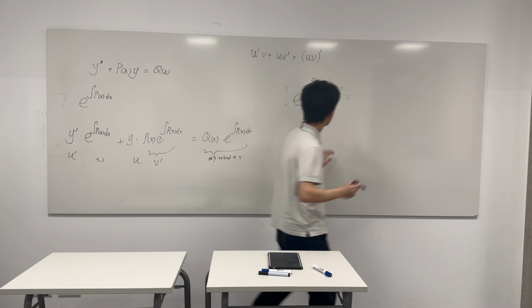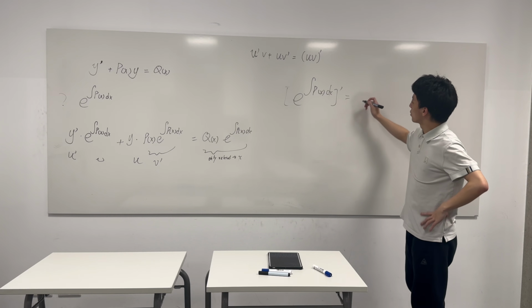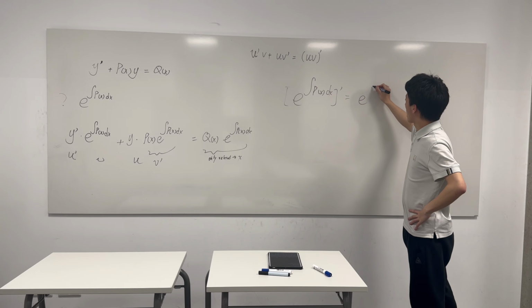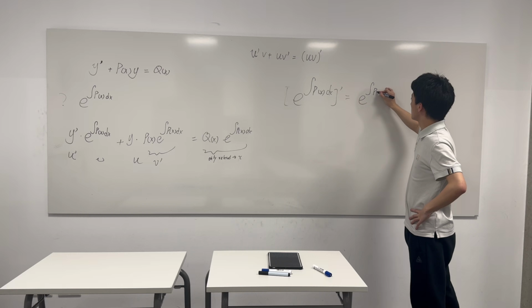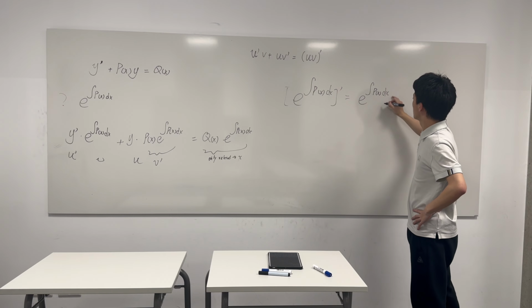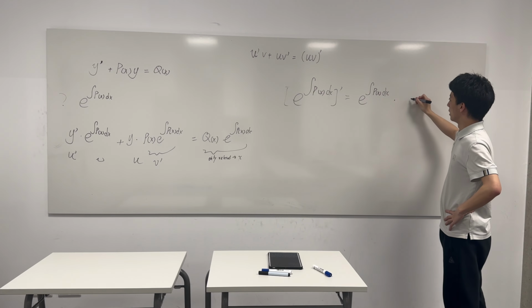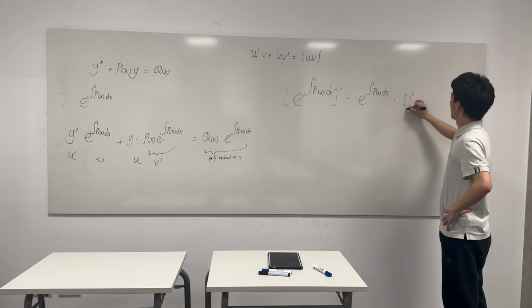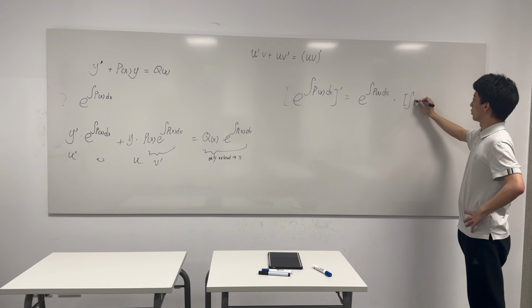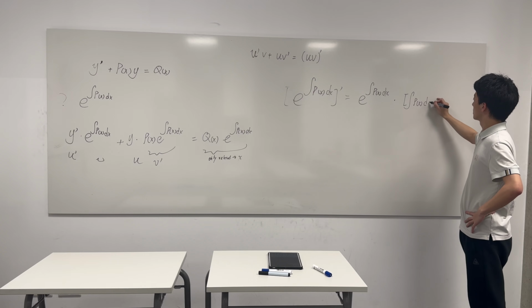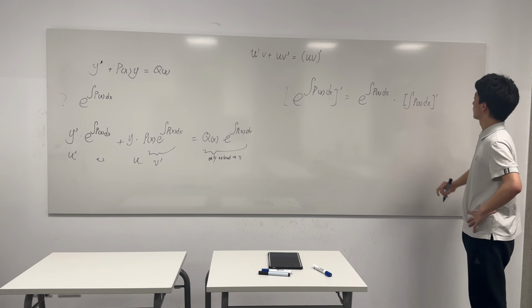Anyway, so it's equals to e to the power of integral px dx times the derivative of the integral px dx.